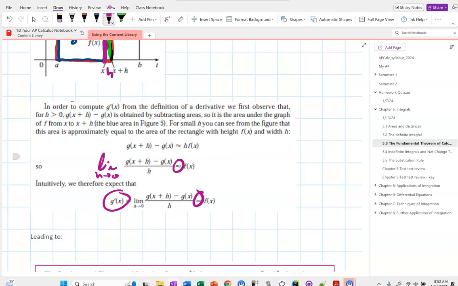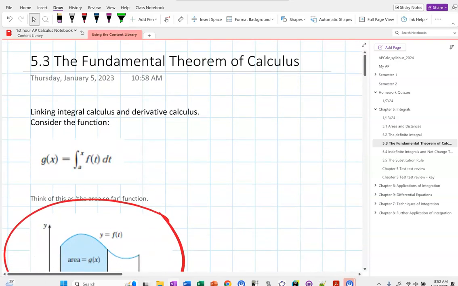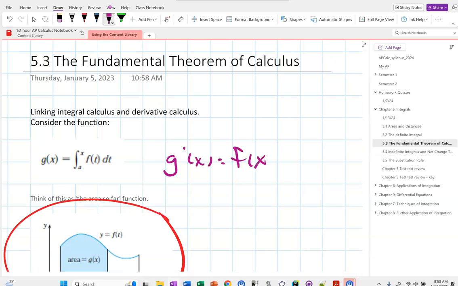So what we've shown here is that the derivative of g of x is just equal to f of x.